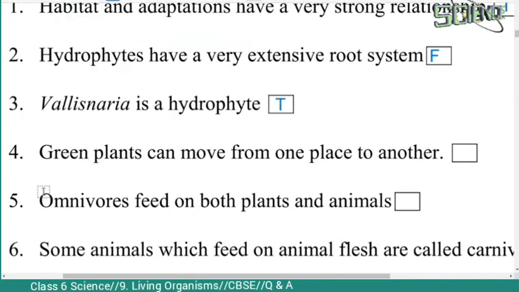Fourth one, green plants can move from one place to another. It is false. Green plants cannot move from one place to another place. Fifth one, omnivores feed on both plants and animals. It is true.